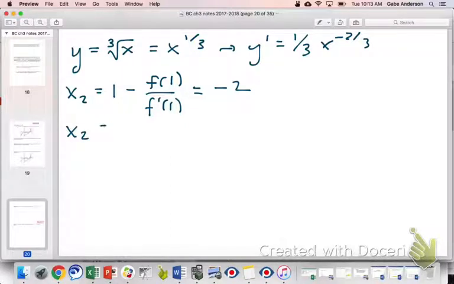X2 equals -2 minus f of -2 all over f prime of -2.